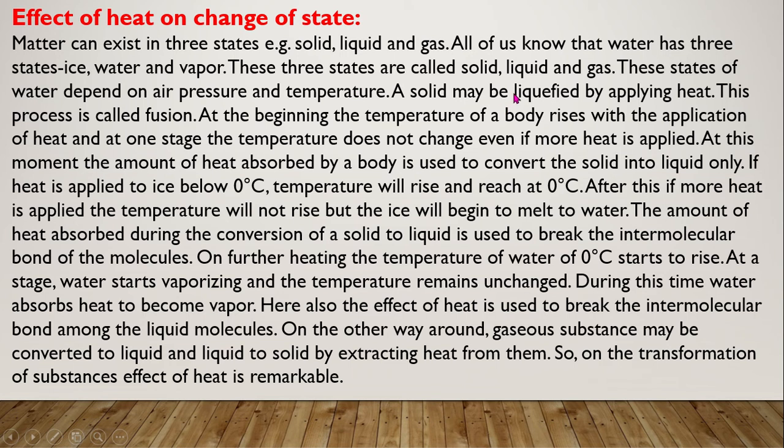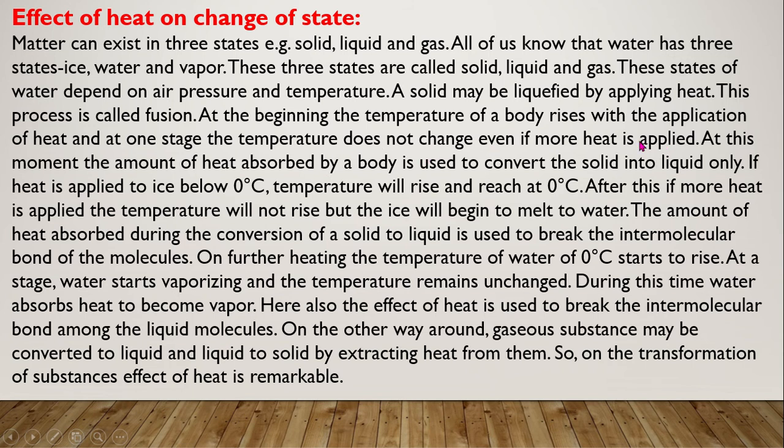A solid may be liquefied by applying heat. This process is called fusion. That means fusion is the process where a solid turns into liquid. At the beginning, the temperature of a body rises with the application of heat, and at one stage the temperature does not change even if more heat is applied.